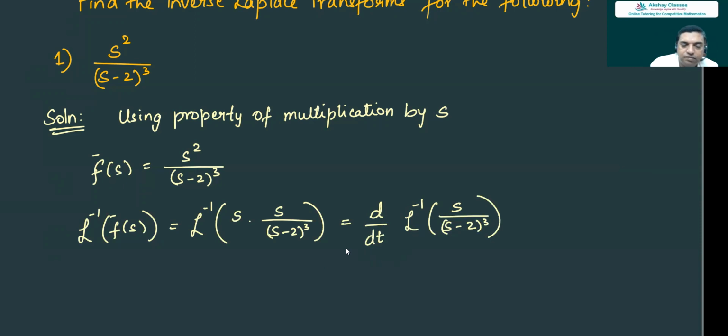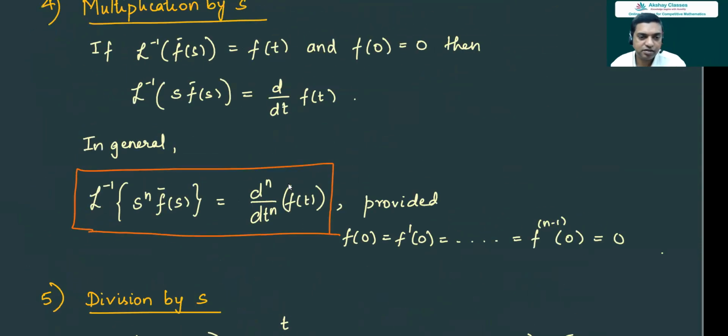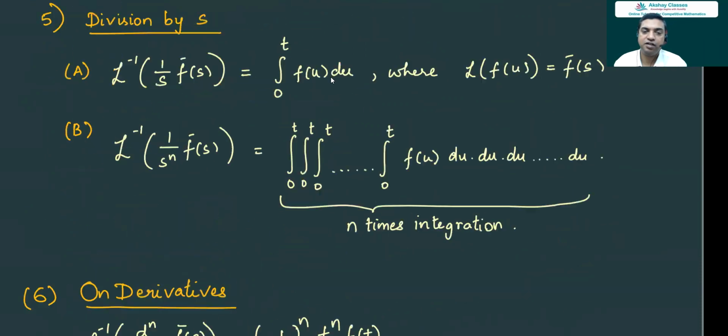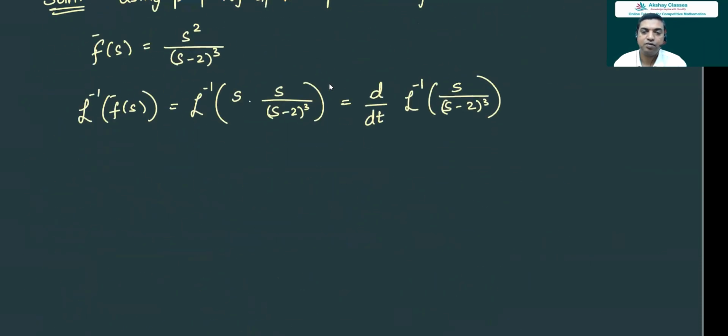provided, let us just look at this result. This of course is multiplication by s. Now we don't know whether the derivatives are zero, that we have to check, but assuming that the first derivative of f of t is zero, let us do that.